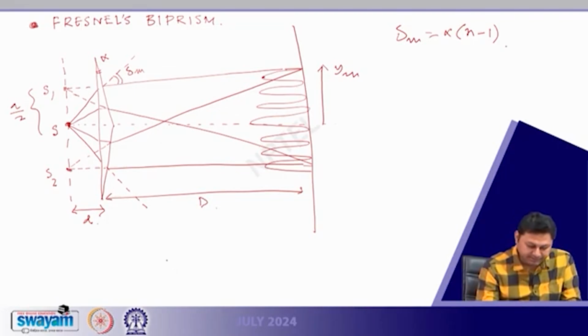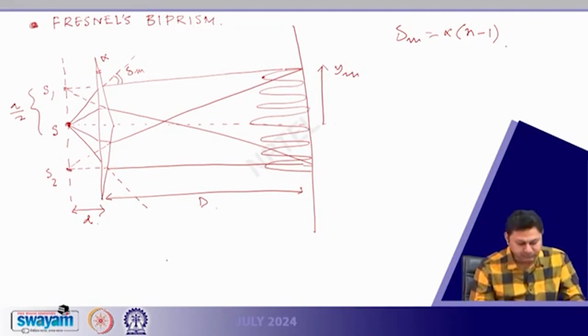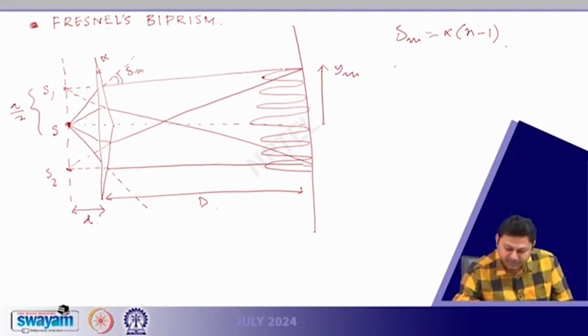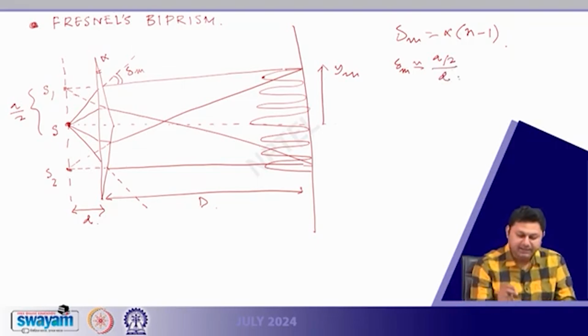this delta m for the virtual source separation can be approximated as delta m is nearly equal to a by 2 divided by small d, for small angle, for small delta m.